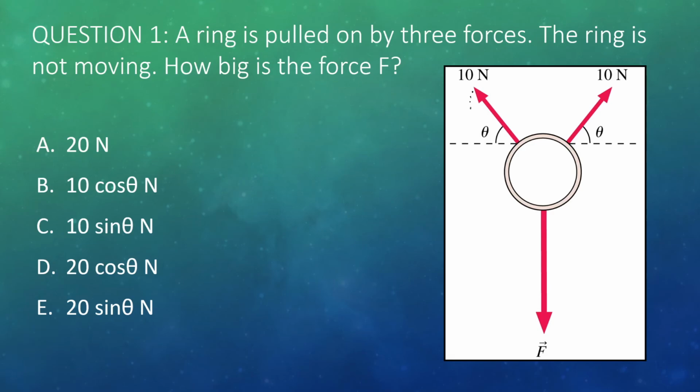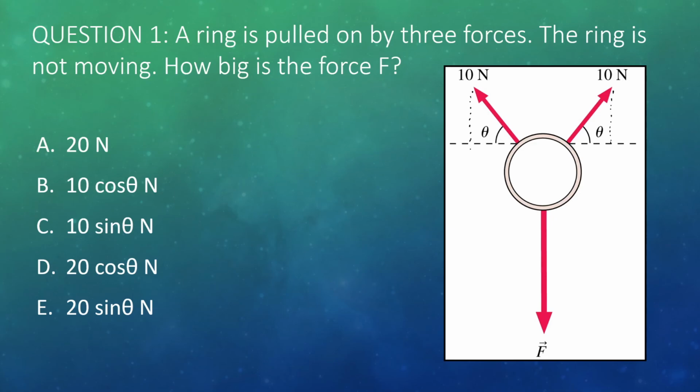Realize that you have 2 forces here, one on each side, that form a triangle. It says that the object is not moving. If the object is not moving, our forces should be balanced, which means the force F pointing downward has to be equal to the 2 forces pointing upward. So we need to figure out how big each force is that's pointing upward.